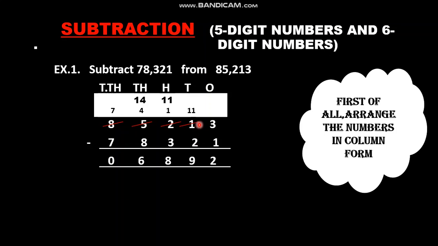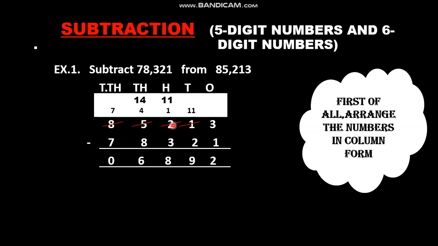But here we have the bigger number down and smaller number up. So what are we going to do? We are going to borrow 10 from the next place. So after borrowing 10 from the hundreds place, what will be the number here? It will be 10 plus 1, that is 11. Now 11 minus 2 is 9.